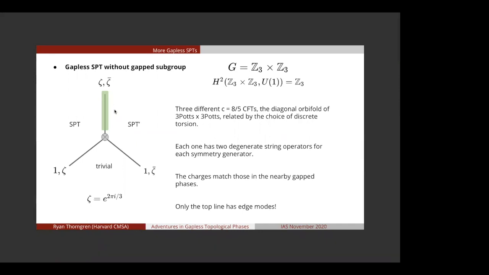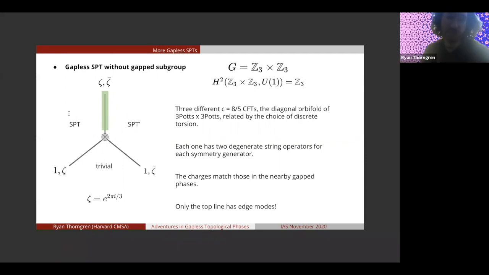Sorry, Ryan, just to make sure, you are saying these are the transition between two different SPTs, but gapless SPTs, right? The green line? So these are just ordinary gapped SPTs in these open regions. You can think about this triple point as a kind of transition between gapless SPTs.